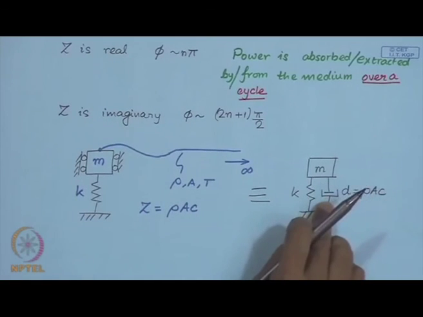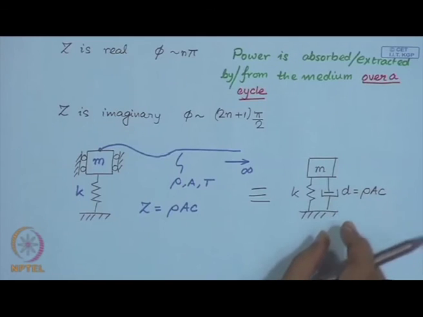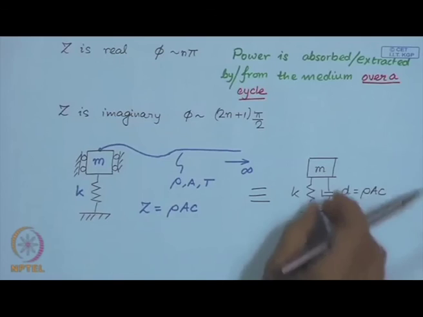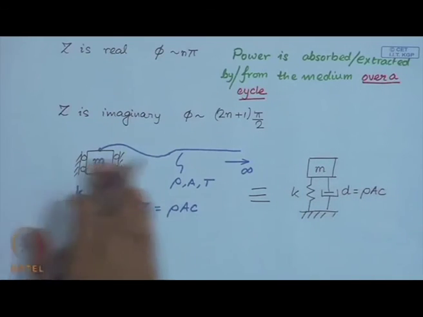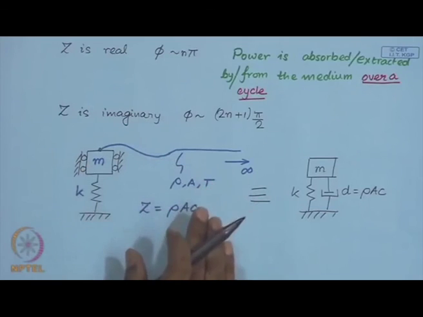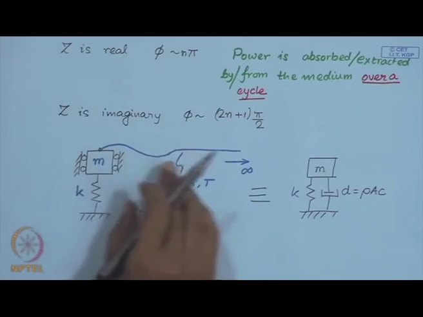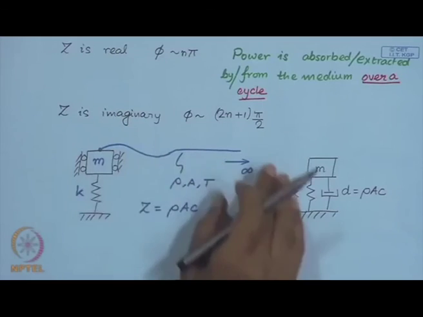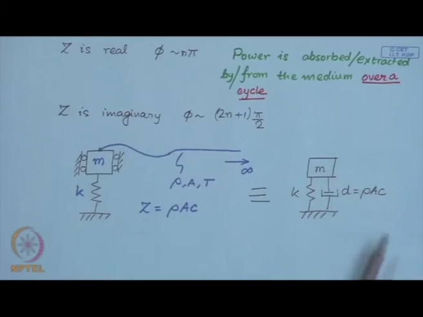Normally, when we draw a dashpot like this, it represents conversion of mechanical energy to thermal energy, it heats up the fluid inside. But here it is not conversion to thermal energy, it is converted to vibrations of the string, or disturbance propagating in the string.